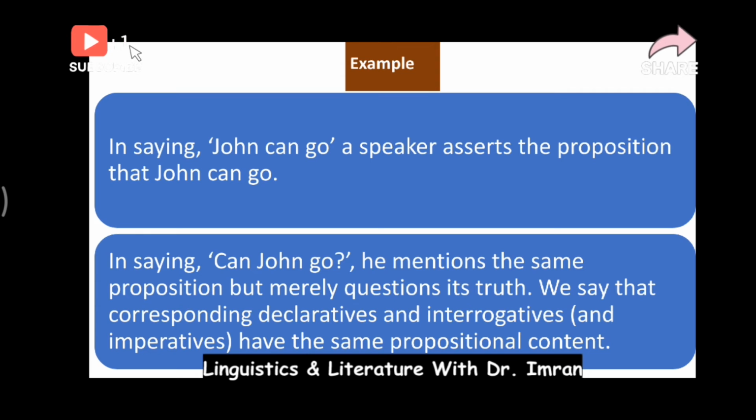So we say that corresponding declaratives and interrogatives and imperatives have the same propositional content. The content of the proposition in declaratives and in questions is the same. But what is different? In a declarative sentence, the speaker asserts the proposition is true. And in a question, the speaker does not assert the proposition and its truth, but is only questioning. He's not asserting whether it is true or not.